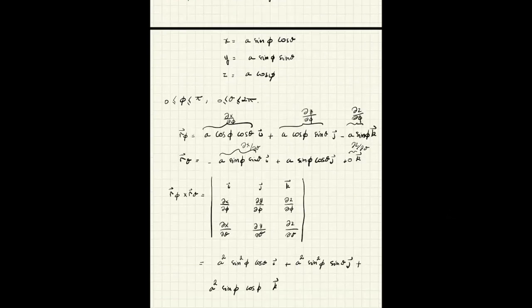See, so if you multiply, this is gonna give you 0, and del z del phi with this one. So if you multiply this with this, it's gonna give you a squared sine squared phi times del z del phi.